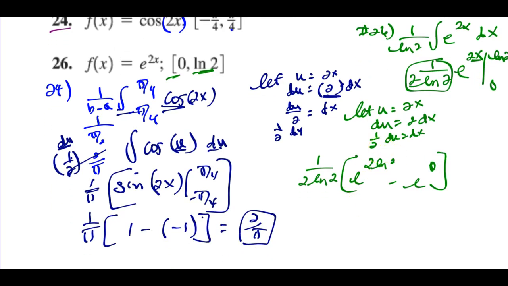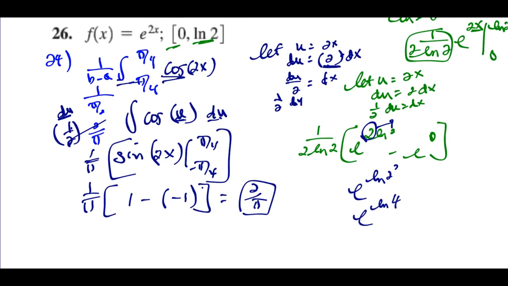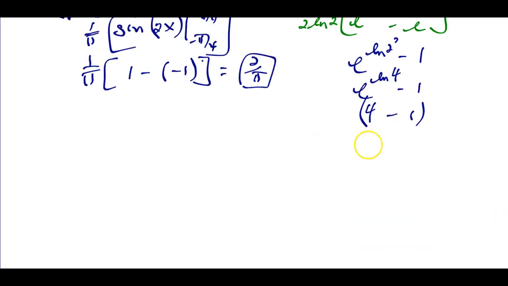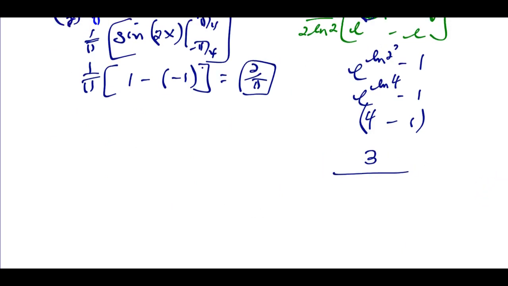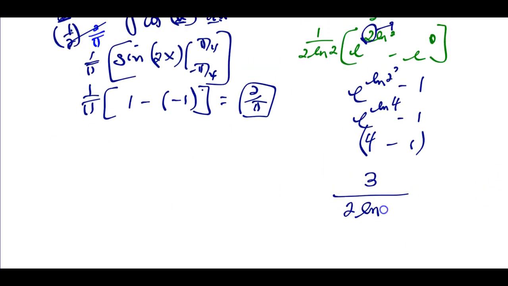So this is actually, if I dump this up, e to the ln of 2 squared, which you know is e to the ln of 4, which you may just know as 4. So if this is a 4, this is a 1, and 4 minus 1 is 3, and then that goes in the numerator. So I think my final answer is 3 over this guy, 2 ln 2.